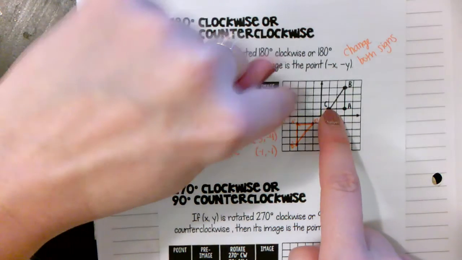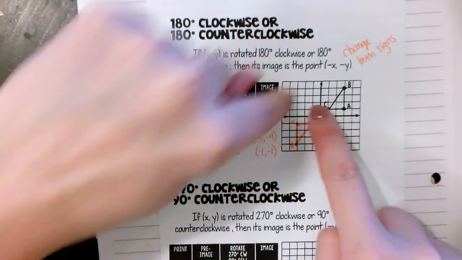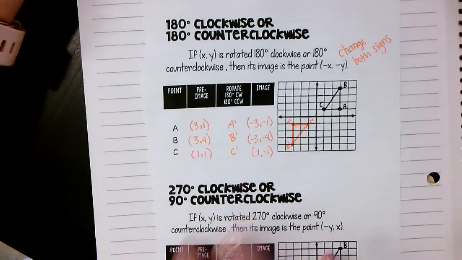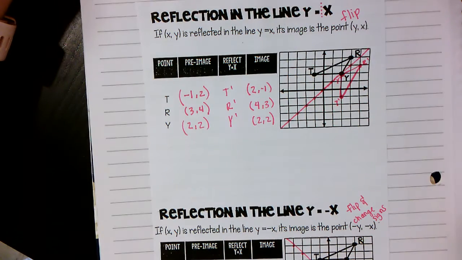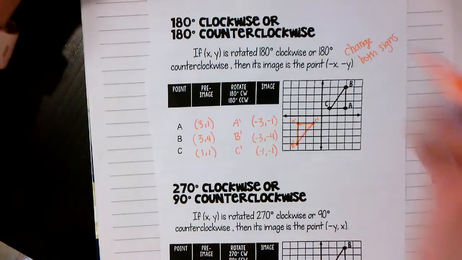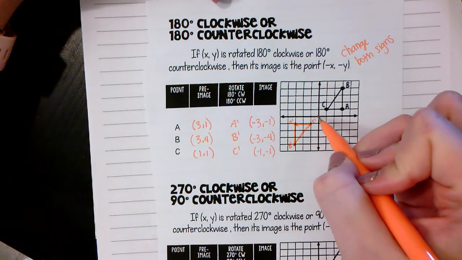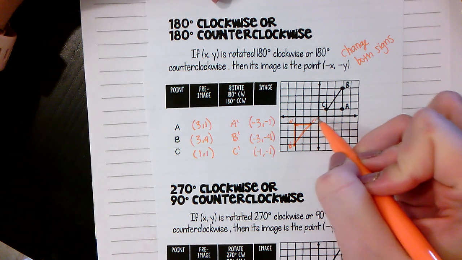So as it comes into this quadrant, that would just be a 90-degree rotation right there. And the rule for a 90-degree rotation is to flip it and make it opposite. So we flip this, so it would be 1.